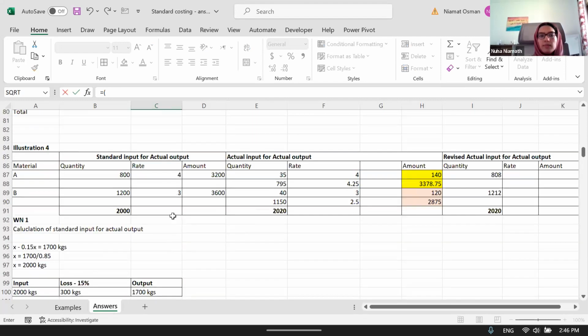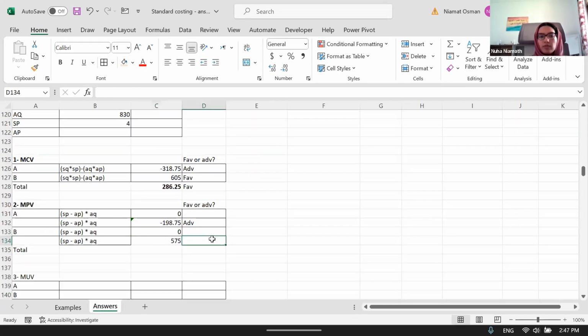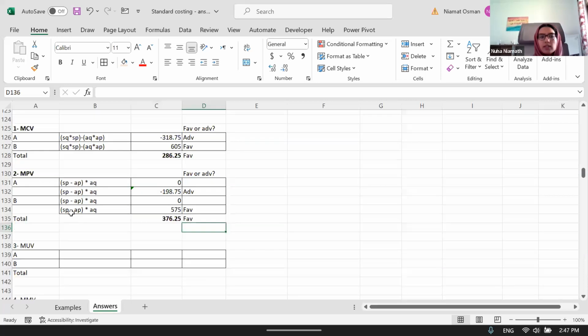The next one will be 3 minus 2.5 into 1150, which gives me 575, which is favorable. Okay, all clear? And the total will be favorable or adverse? Favorable. Perfect.